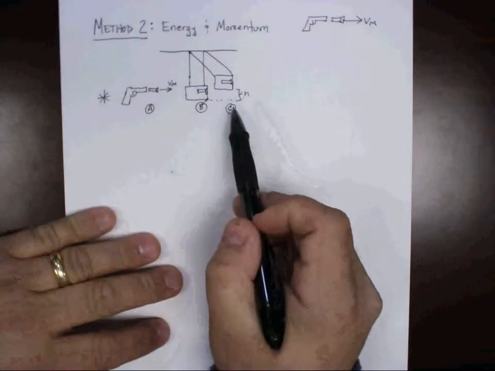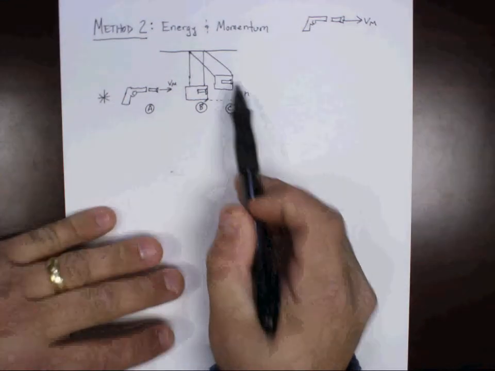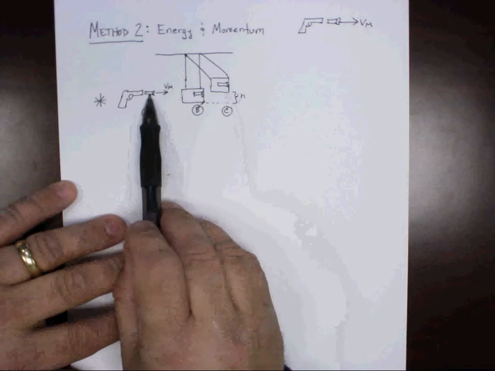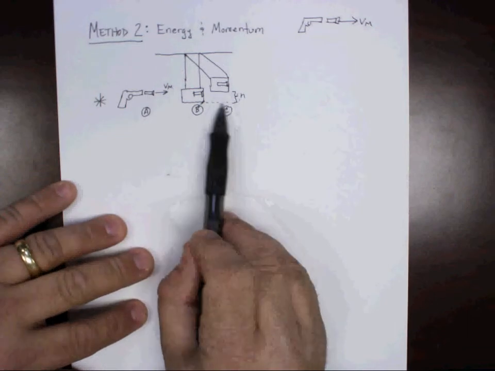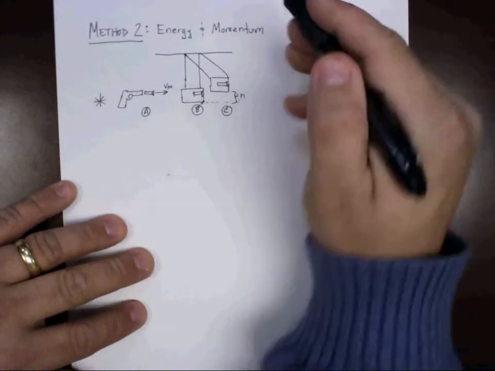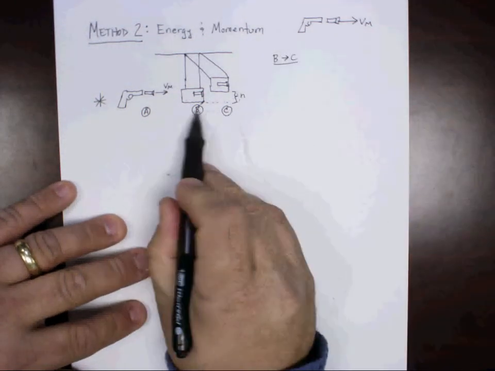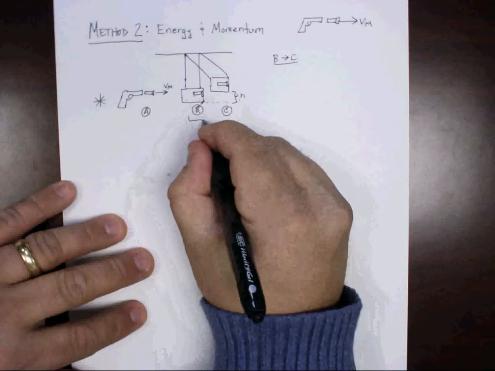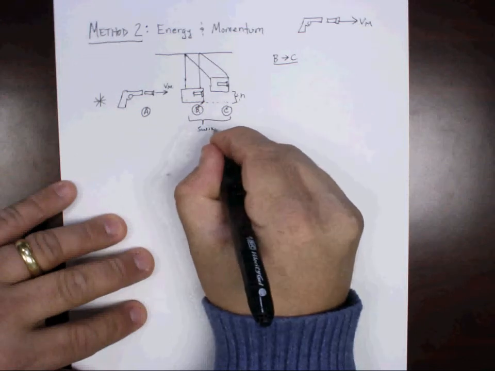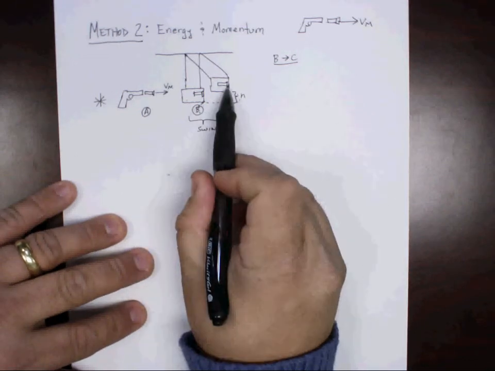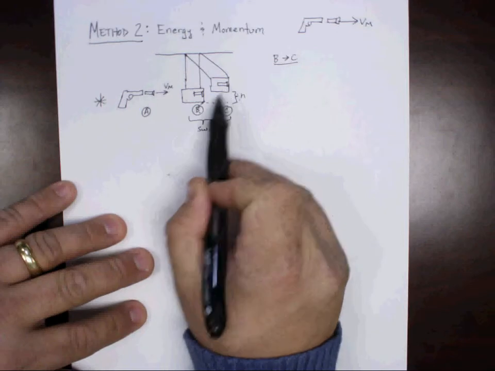B, the bullet hits the box and they start to move. And then C, when the bullet and box have swung up to their maximum height before they swing back down. Now, all we're going to know in this is how high they've swung up. So how can we find the speed of the bullet from just knowing how high these swing up?